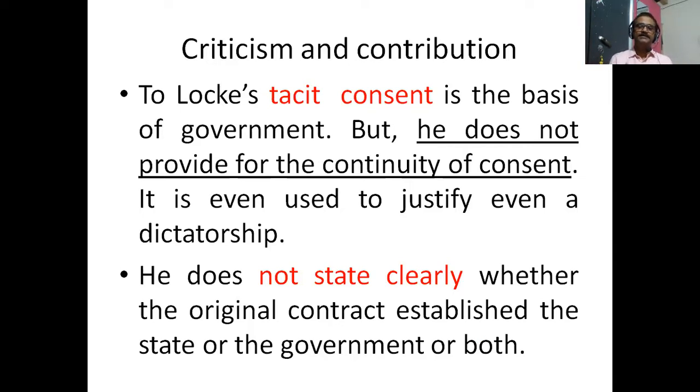But here he did not provide for the continuity of consent, and he does not state clearly whether the original contract established the state or the government or both. He did not say. He simply says the people wanted to come out of the state of nature, and that is why they created a civil society.